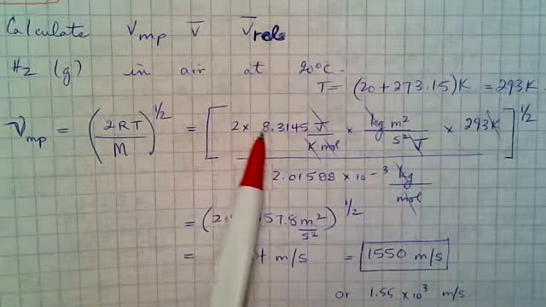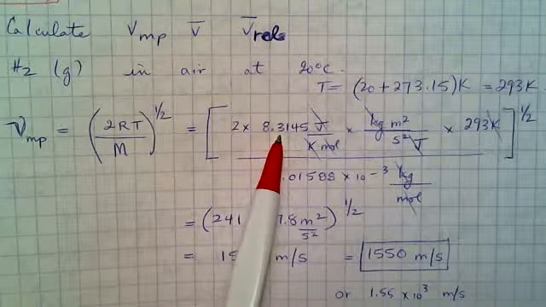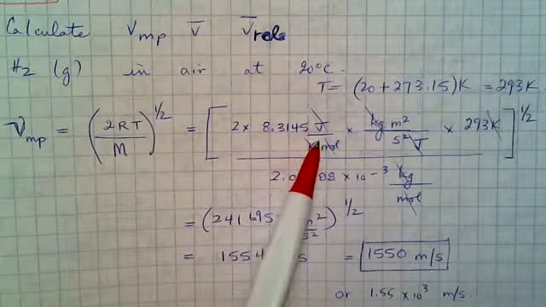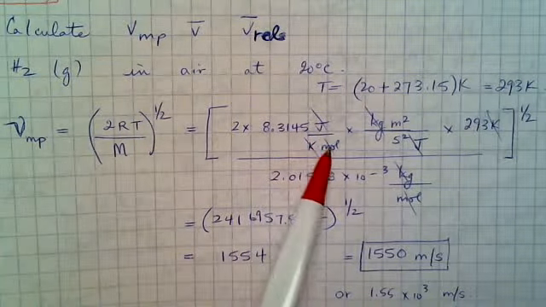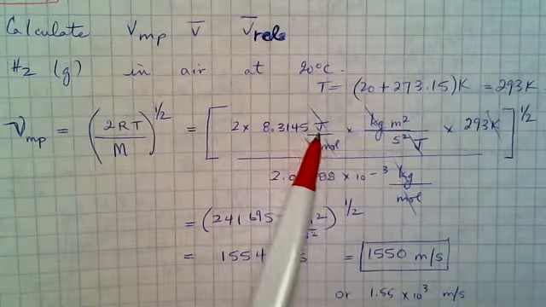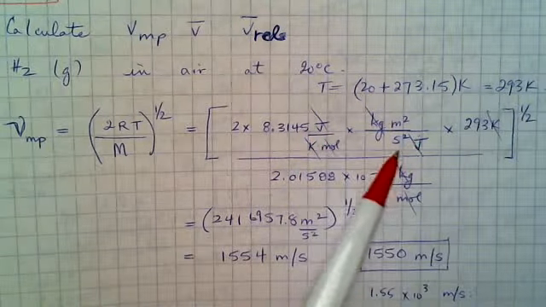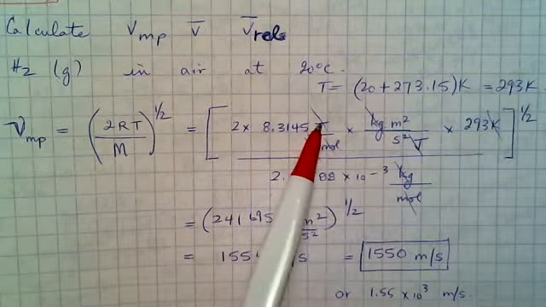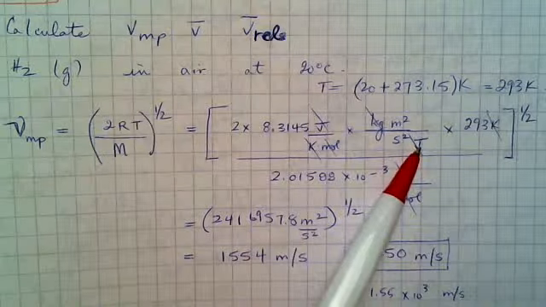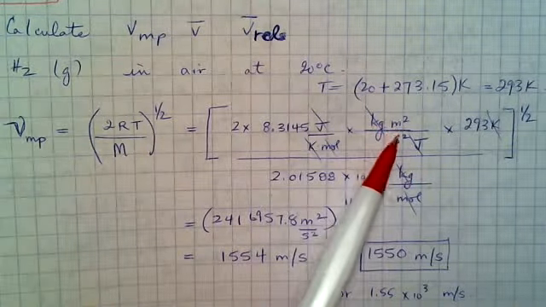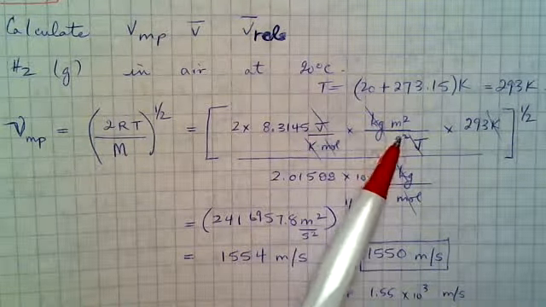My value for R is 8.3145 joule per K mole, and a joule is a kilogram meter squared per second squared. This is my conversion.